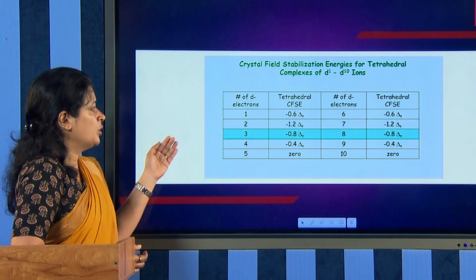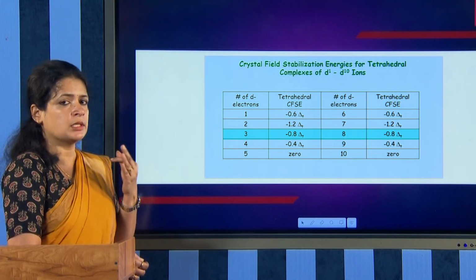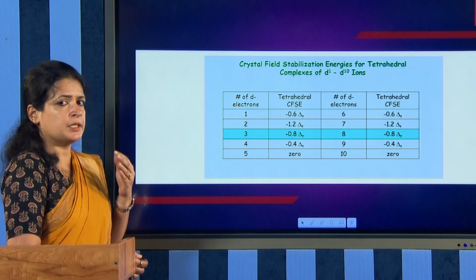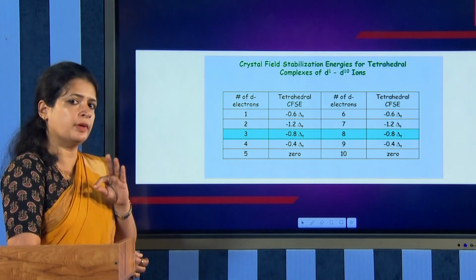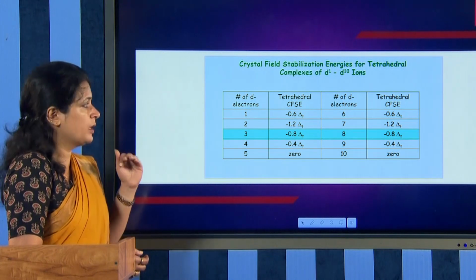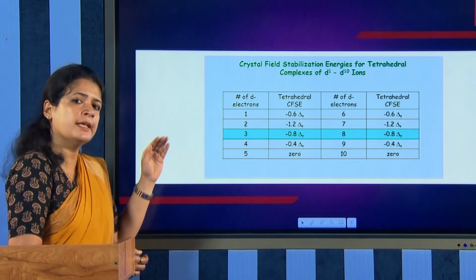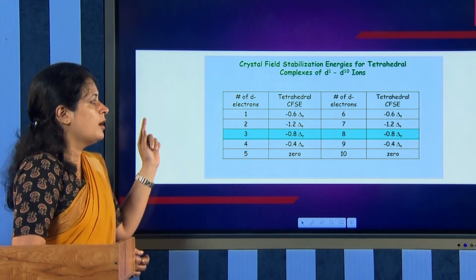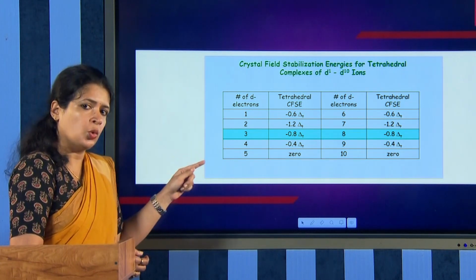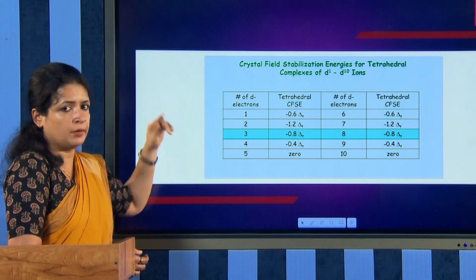And coming to the third case, d3, that is 3 electrons in the T2 or E orbitals. But the 3 electrons will not occupy the E orbitals, because tetrahedral complexes are always high spin complexes, which means after the second electron, the third electron will be moving to the higher T2 orbital.